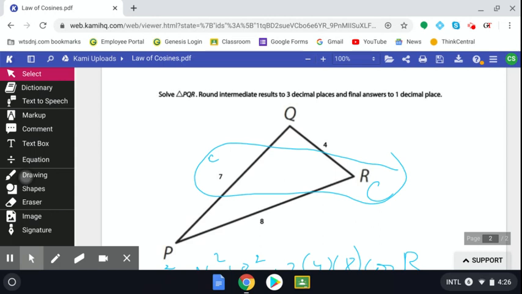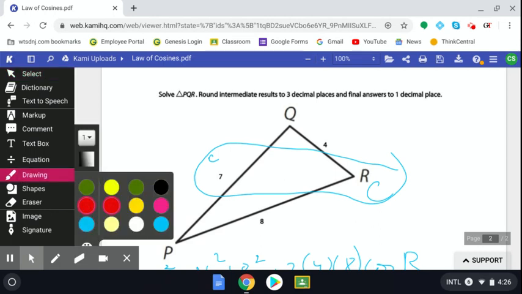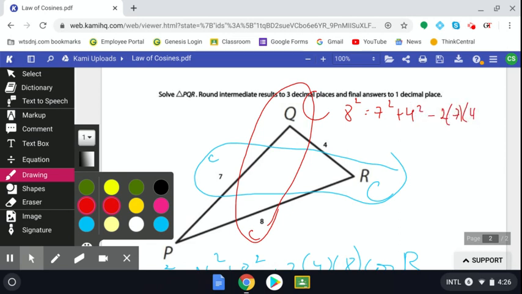So now let's say I decide I wish to find angle Q. So now this is going to be my small c, that's my big C. So I'm going to say that 8 squared is equal to 7 squared plus 4 squared minus 2 times 7 times 4 cosine Q. You follow the same steps, you get 64 equals 49 plus 16 minus 56 cosine Q. And you can combine these two, but not the rest.